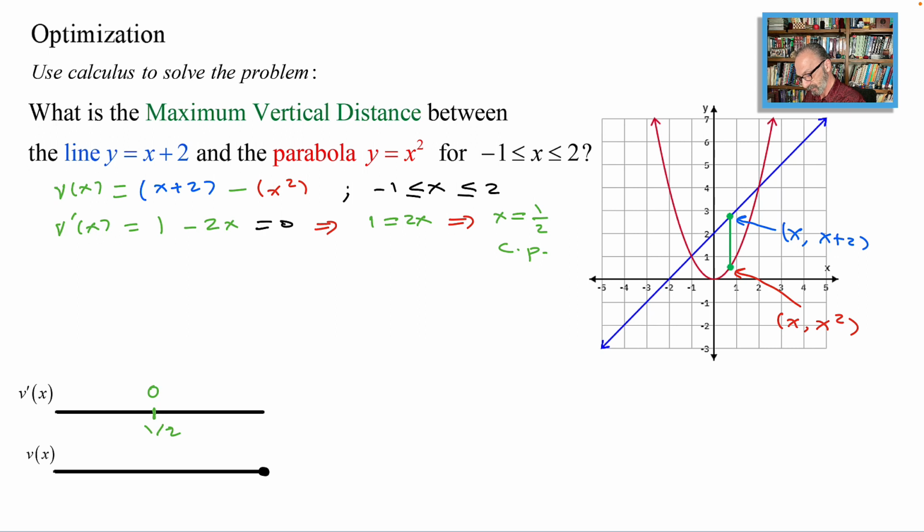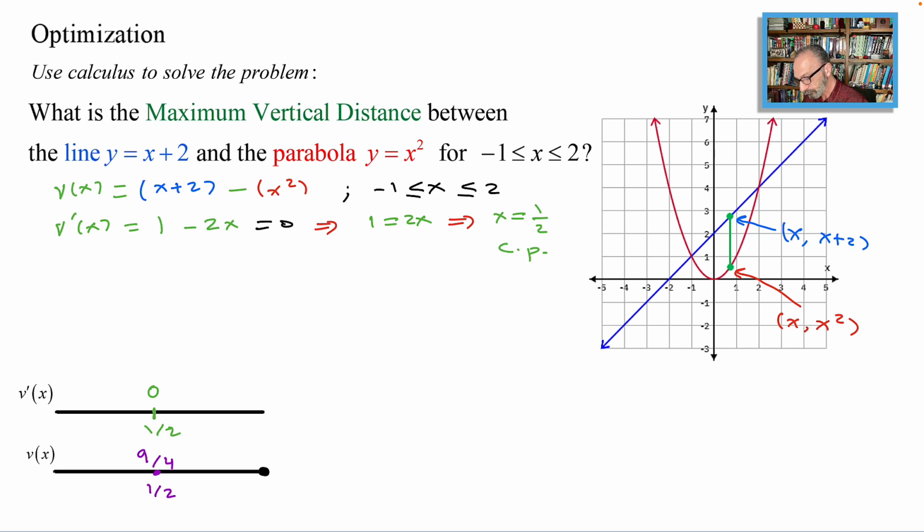Going to the lower line, which is v of x, at x equals 1/2, if you plug in 1/2 in v of x, we get the value 9/4. That's the value at x equals 1/2.